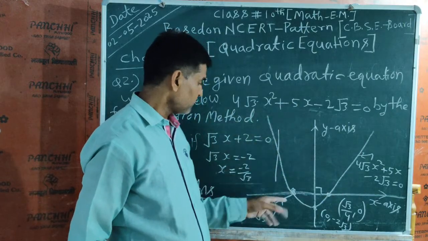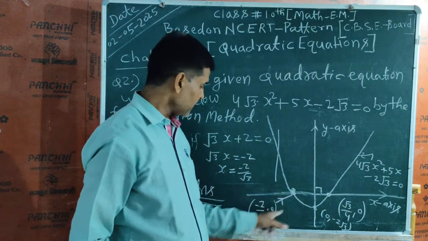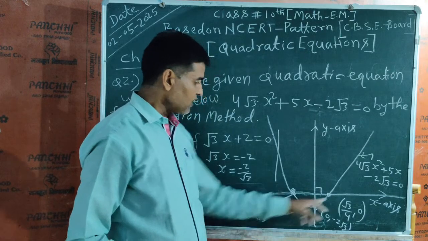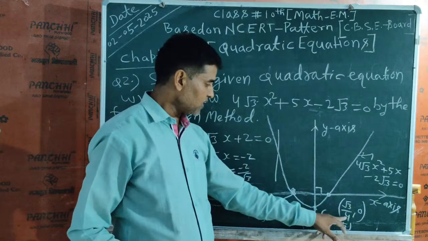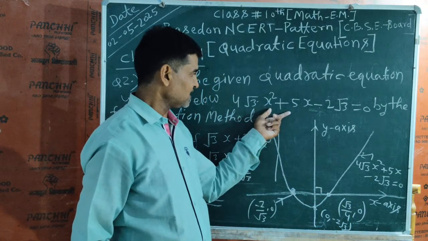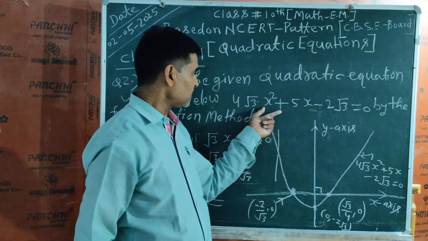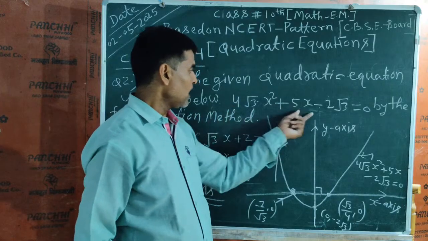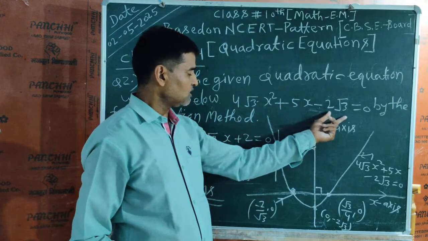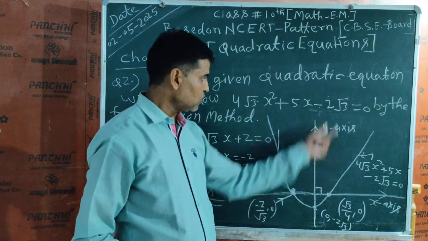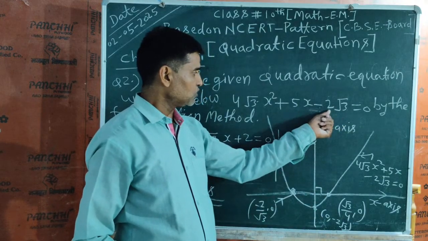After getting the two roots on the x-axis, one root is minus 2 divided by root 3 and the other root is root 3 divided by 4, and this curve will cut the y-axis. So the value of x will be 0, so this term will be 0, and also this term will be 0, so the value of y will be minus 2 root 3.